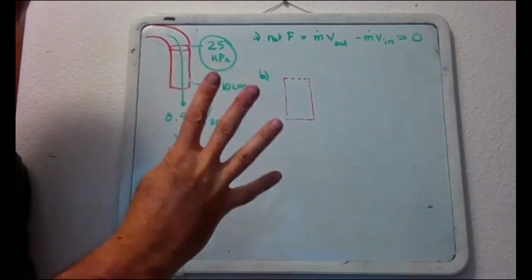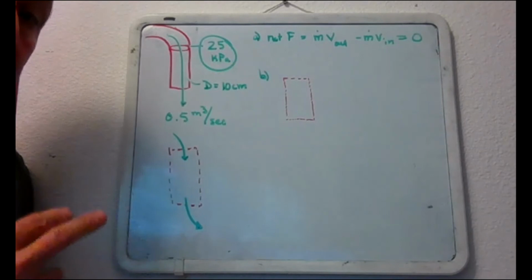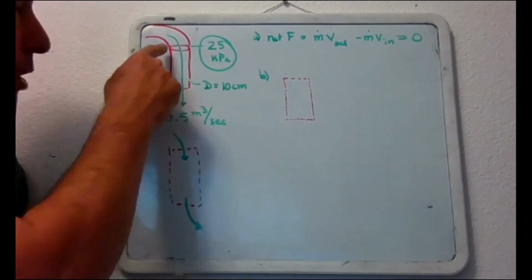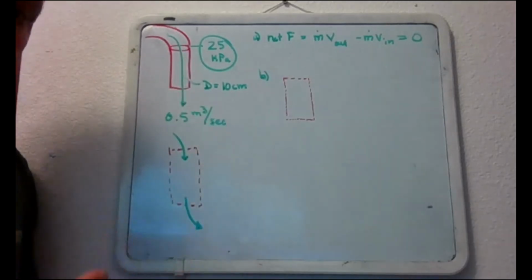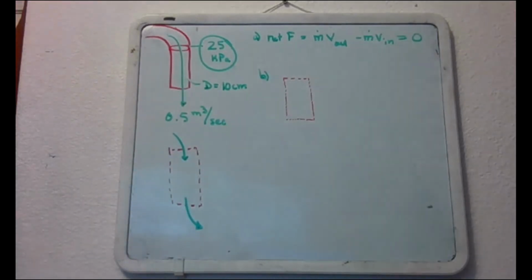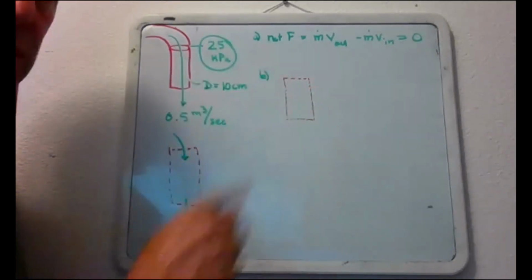We're going to try to get four forces on there. The problem statement said that the walls of this pipe are rough. What that means is there's going to be a frictional force, sometimes called a wall shear. So there's essentially a frictional force on that water in there. So try to get four forces.